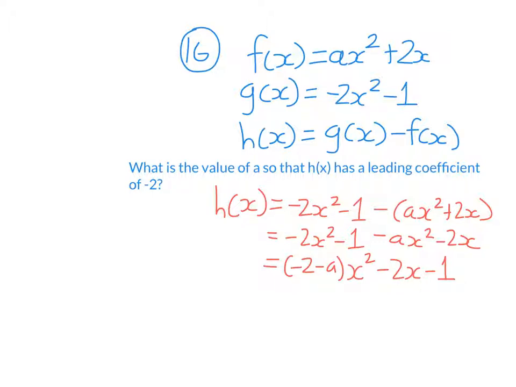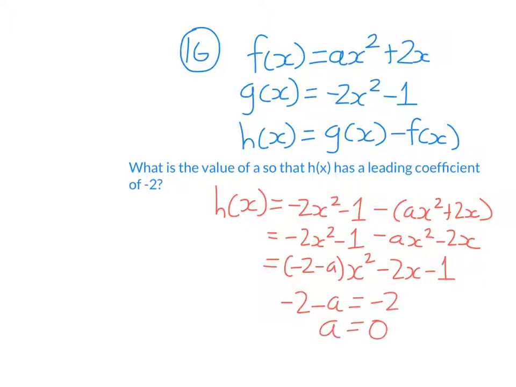That's the coefficient of x squared. Of course, if I want this coefficient to be -2, I could have -2 - a equal to -2. So a is 0.